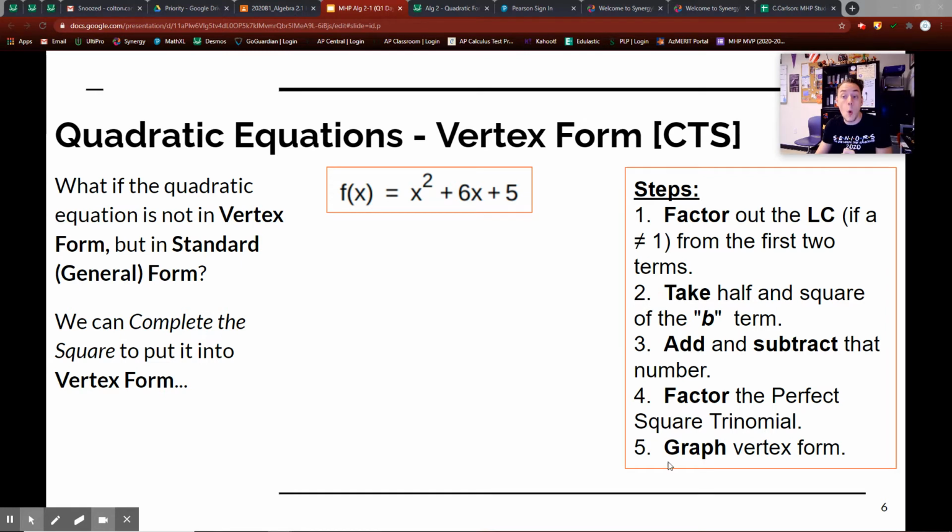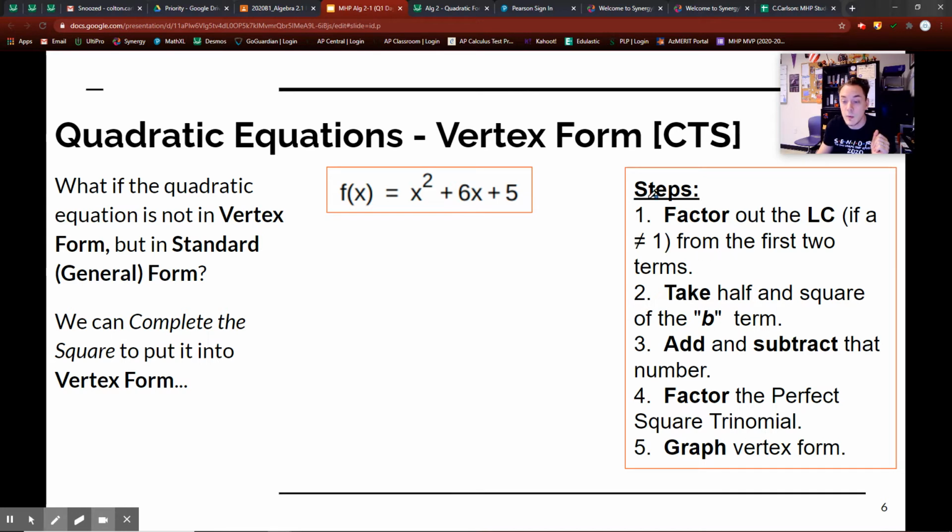These are steps that you already have in your notes from last week, so you don't necessarily need to write them down again, but by all means, if you want to write them down, you can. So let's get started. What do we do here? If I'm given a function that's in standard form, how can I find the vertex? Well, one thing I can do is simply put it in vertex form. That way I can pull out the vertex and I can graph it just as easily, just like what I did yesterday. So we're going to do that.